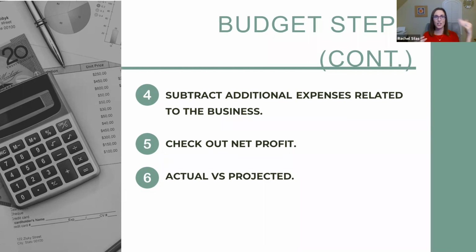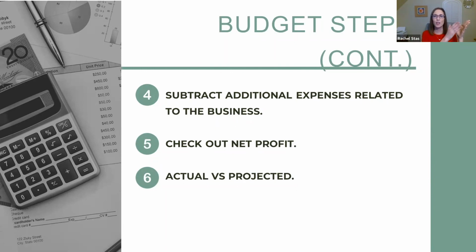There are more expenses that you can lay in, but since it's so personal, it's really what works for you, what makes sense to you when you're looking at this. And then check out that net profit. Now, it makes sense sometimes that if in January you buy all the supplies that are going to last you through the next 6 months, January might be a negative net profit, but February, March, and April are going to make up for that.